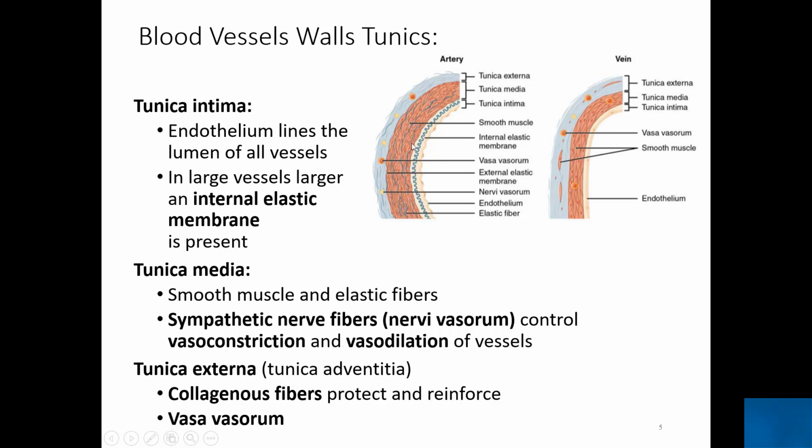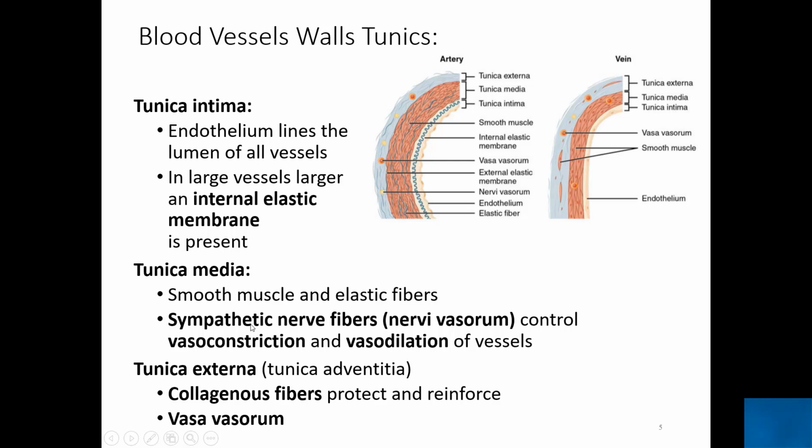The blue ones would be elastic fibers. Most of them will be in the arteries, less in veins. And those smooth muscle cells are controlled by sympathetic nerve fibers. They are called nervi vasorum, causing vasoconstriction and vasodilation.